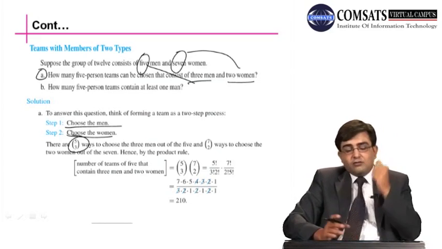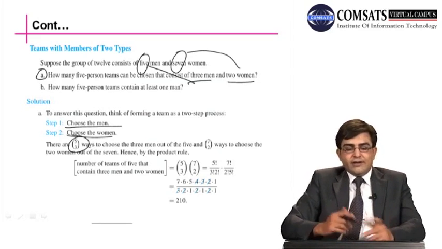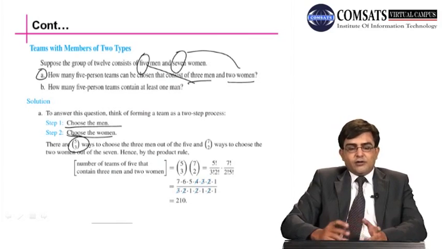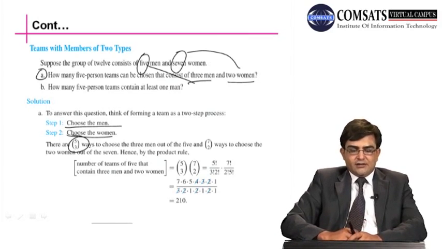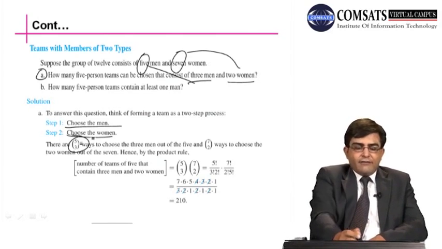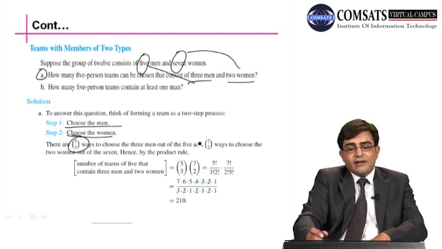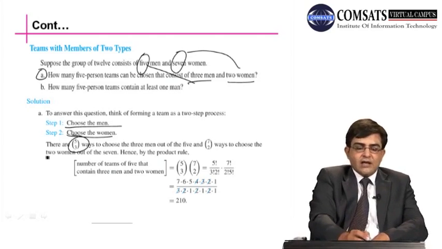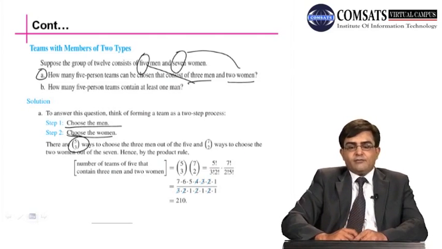Again, we shall use combinations to calculate the number of possibilities. So there are 5C3, or 5 choose 3, ways to choose the 3 men out of 5 men, and 7C2, or 7 choose 2, ways to choose the 2 women out of the 7.